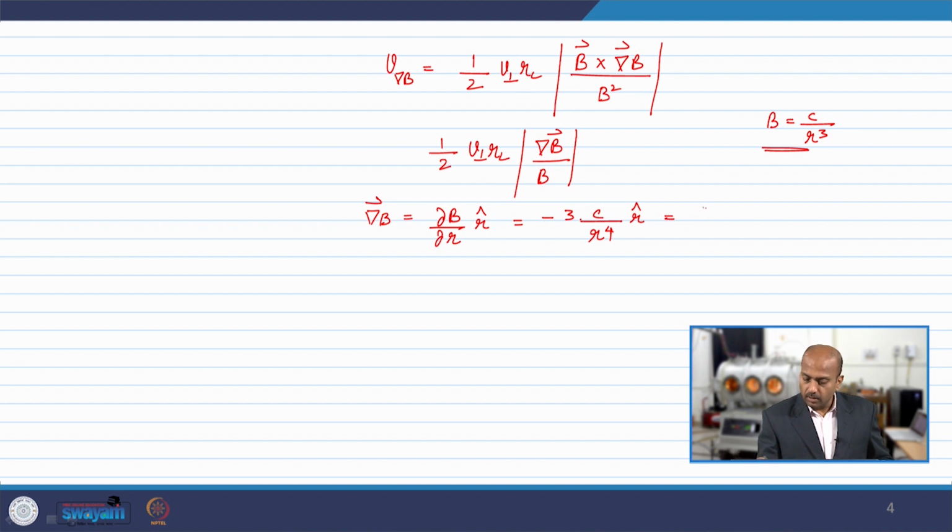So this is 3 by R into C by R cube. Since there is a minus, let us write it as minus R cap.